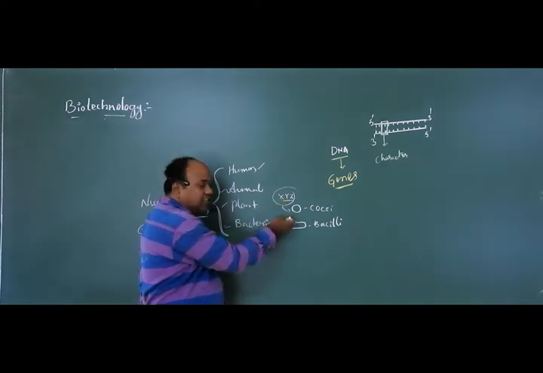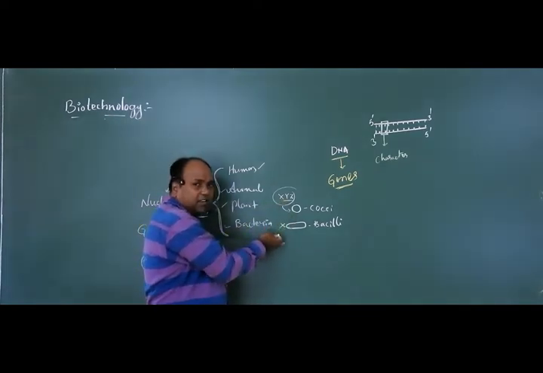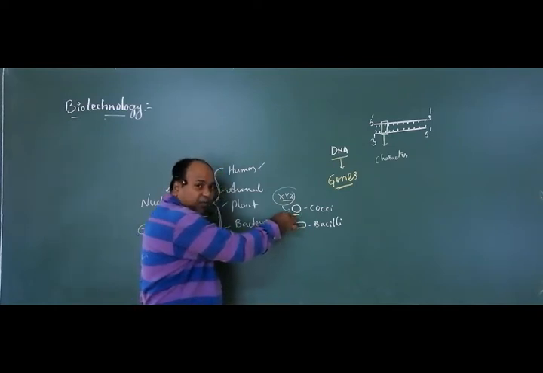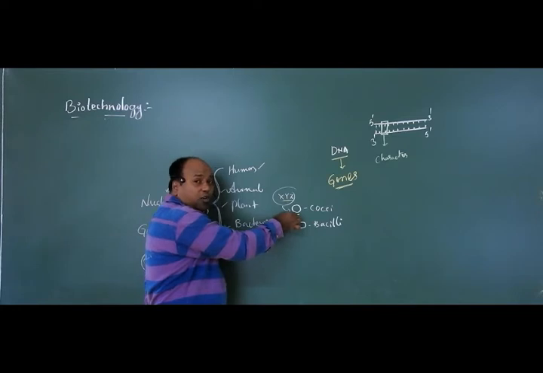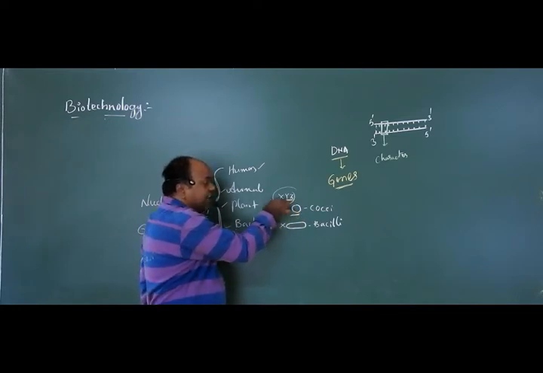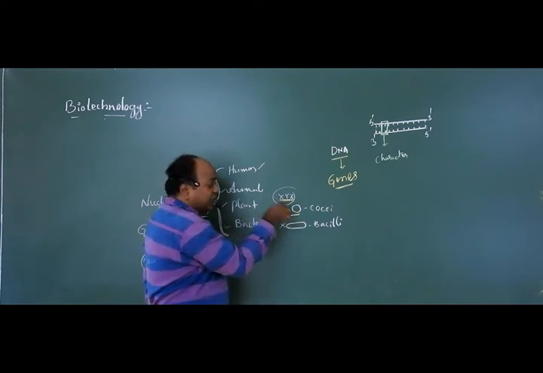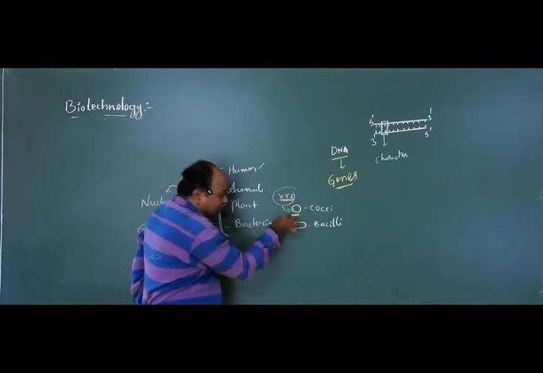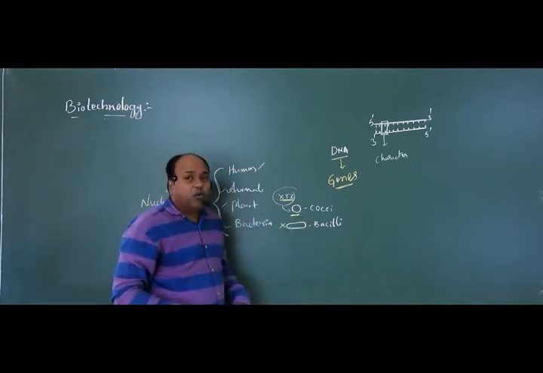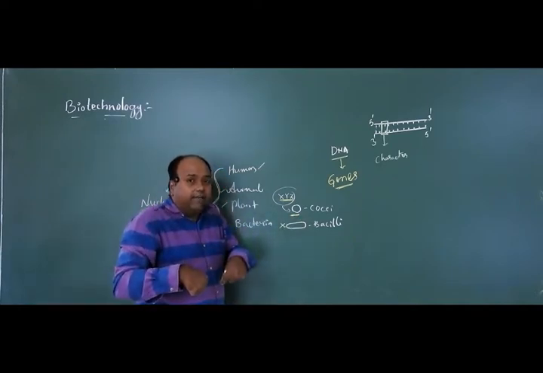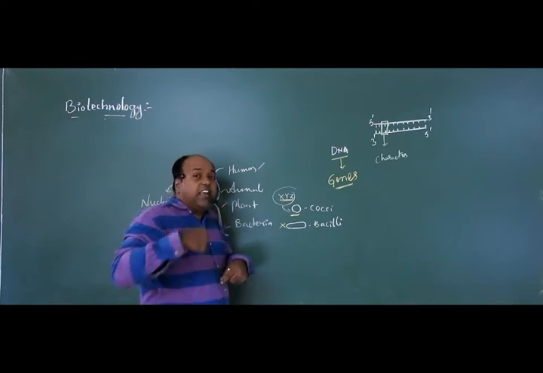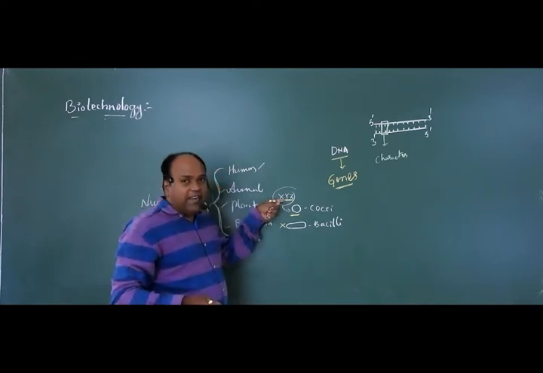Then why this character? This is nothing but a character. That means this bacteria has a gene which can show tolerance, the resistance, against this antibiotic. Got my point? This cocci bacteria has one gene inside the DNA, and that gene shows resistance against the specific antibiotic.